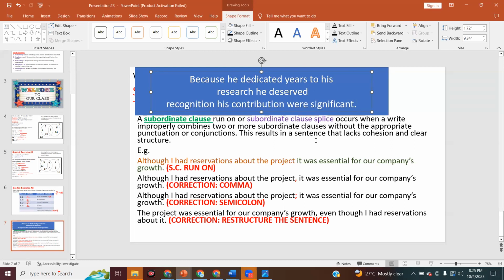It says, because he dedicated years to his research, he deserved recognition. His contributions were significant. If it's a regular sentence, write S. If it's a subordinating clause run-on, write R. What do you think?